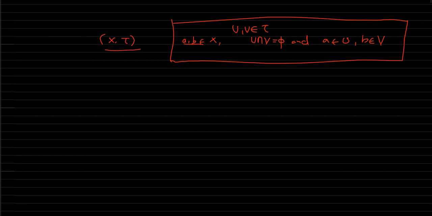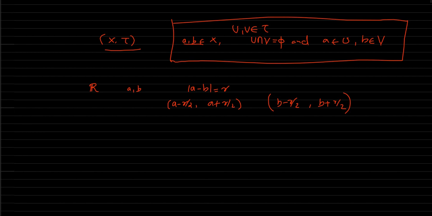For example, consider the usual topology on R, and let A, B be two distinct real numbers, and let the distance between A and B be equal to r. Then consider the intervals (A − r/2, A + r/2) and (B − r/2, B + r/2).